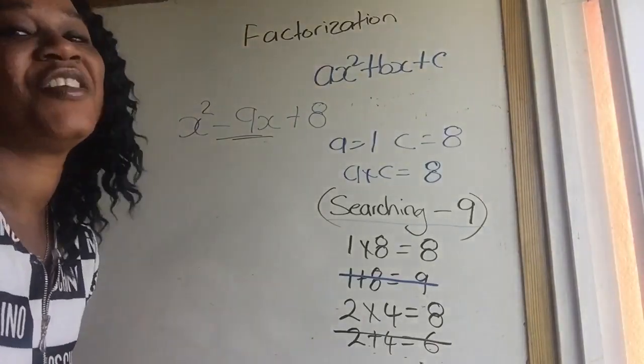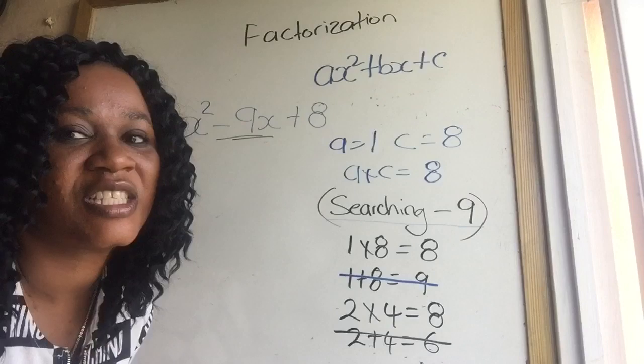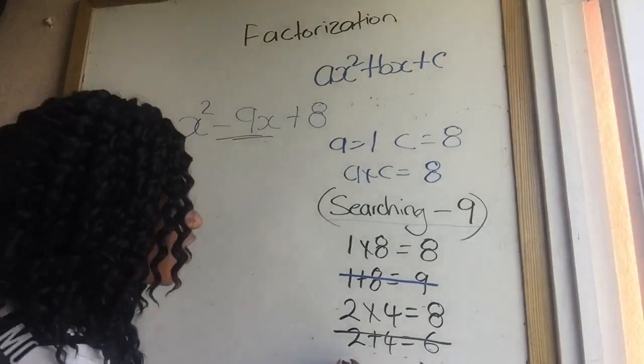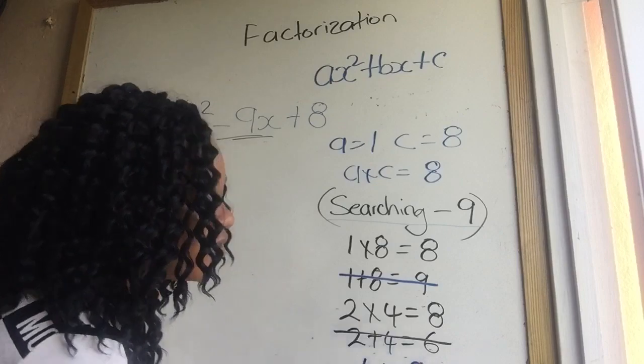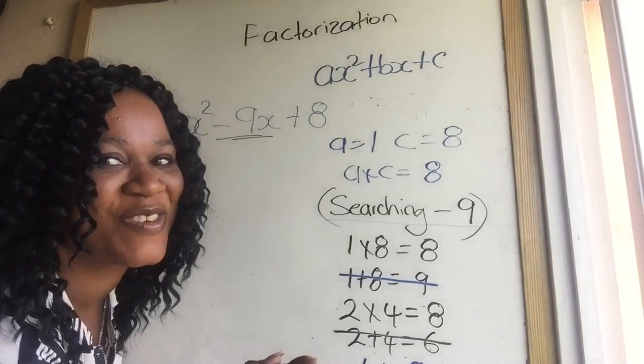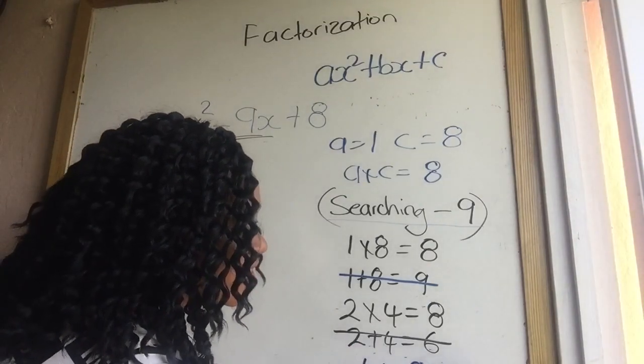Oh, so I hear somebody all the way in St. Thomas say, Miss, what about the negative numbers? We can use negative as well. Wonderful. So what if I try negative 1 multiplied by negative 8? A negative times a negative gives us a what? Yeah, a positive 8.